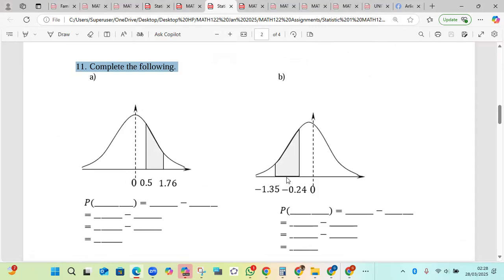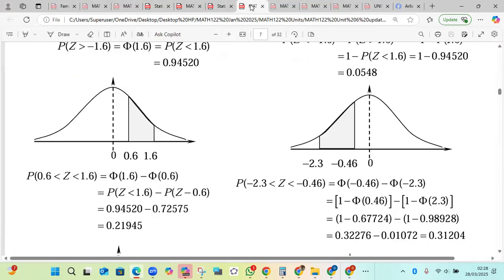Now, here, we want to find the shaded region between negative 1.35 and negative 0.25. So let's look for a similar situation on that same page. How can we do that? If we find phi of negative 0.46, that's from negative 0.46 all the way down, and phi of negative 2.3, that's from negative 2.3 all the way down towards the left.